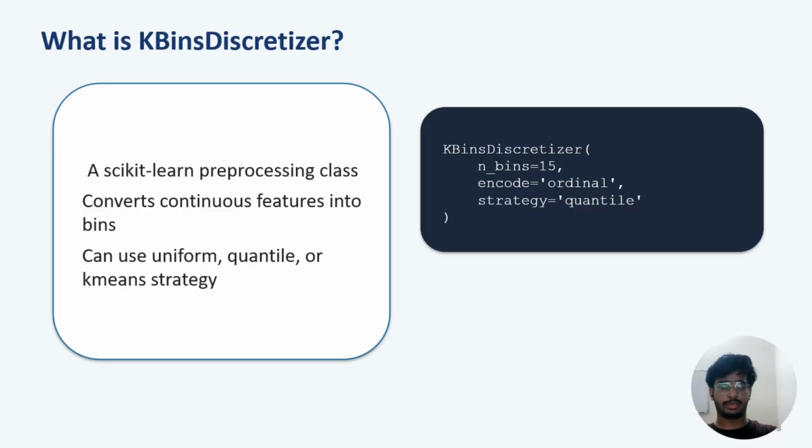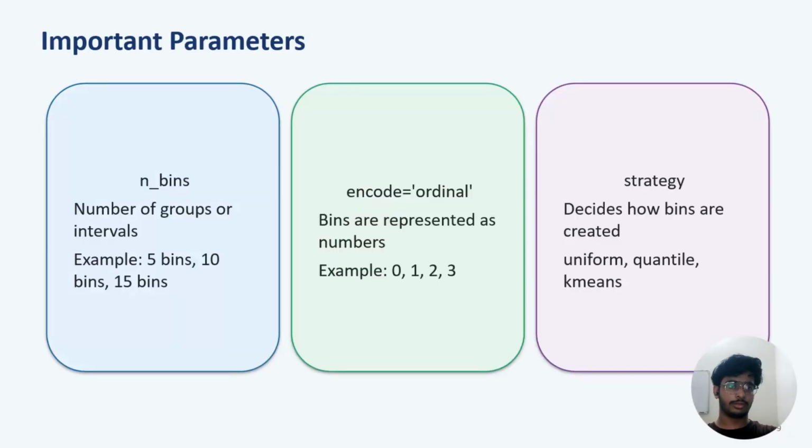Next comes the meaning of parameters. Let's understand the parameters. First is n_bins. This means the feature will be divided into how many groups. For example, if we use 5 bins for age, then age will be divided into 5 groups.